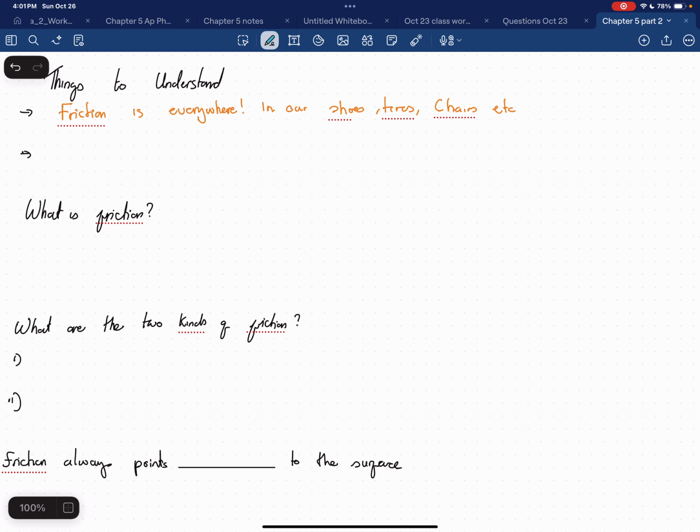If we had no friction, we would all just slip and fall continuously.